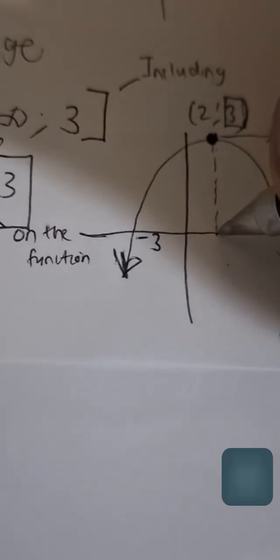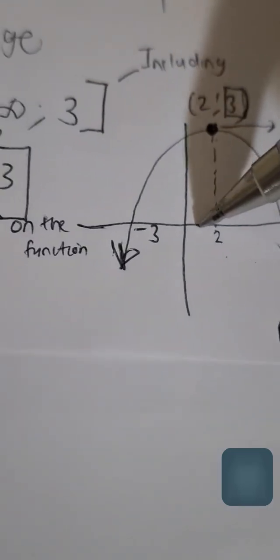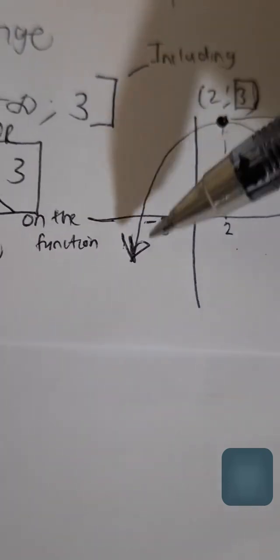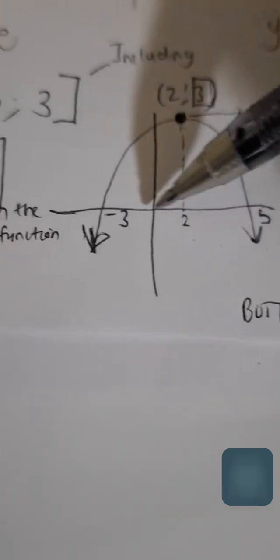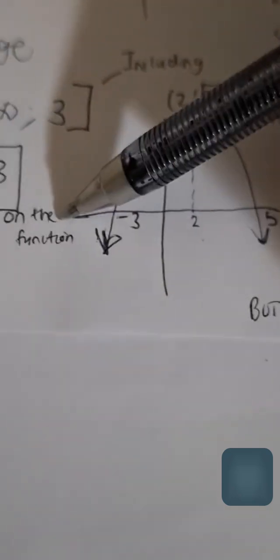If you are saying x is less than or equal to 2, it means you're saying the function only exists this side. This means x is less than or equal to 2 from here to there. So these are the x values. x less than or equal to 2 means this side only. That's not true.